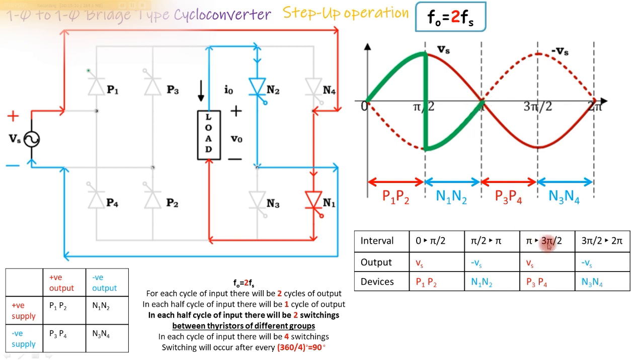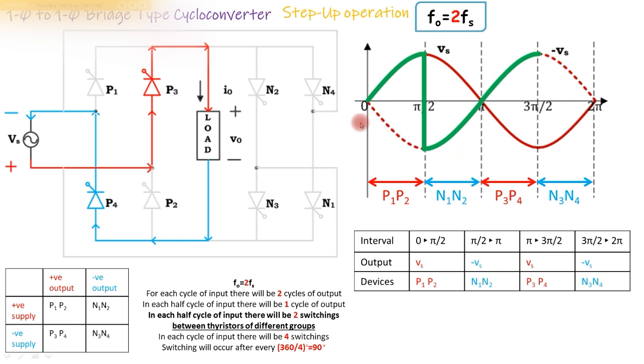Now in this interval, to obtain another cycle of output, the output must go to a positive value. And we already know that in this duration, after 180 degrees, the supply Vs has reversed.